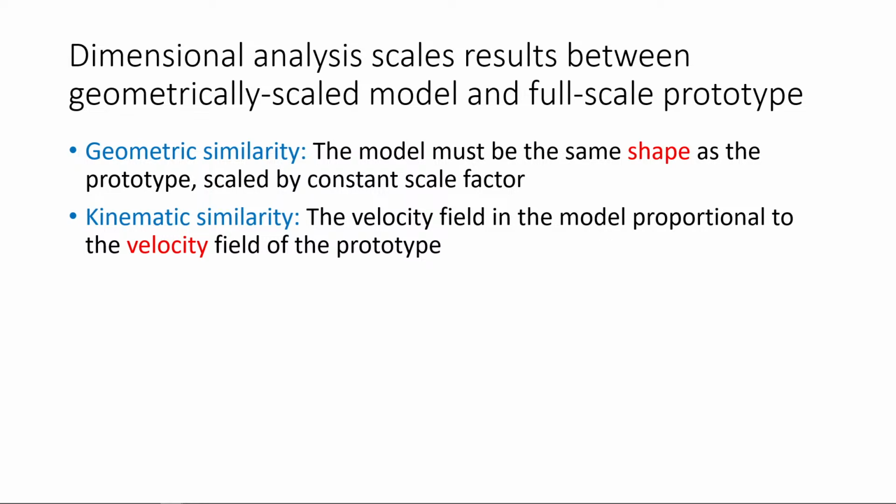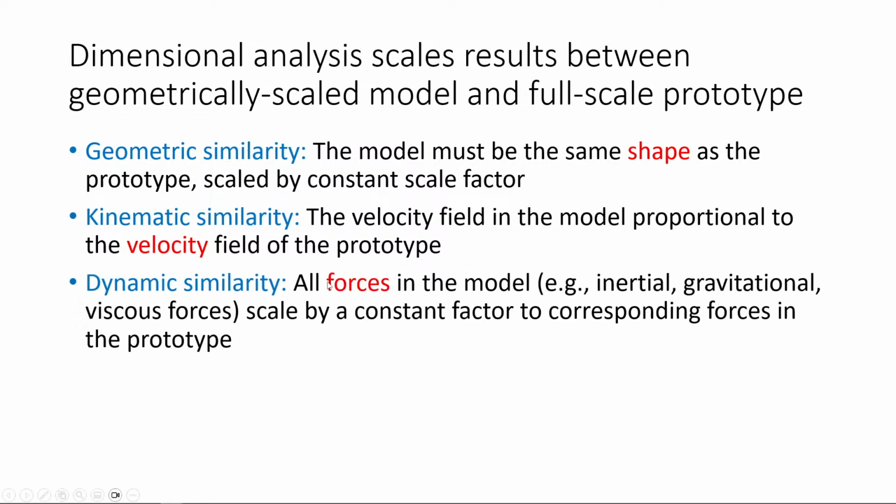So in summary, you need to have geometric similarity and kinematic similarity. Those are the necessary conditions to achieve dynamic similarity. If you have these two, that doesn't mean dynamic similarity is necessarily achieved, but these are two necessary conditions.